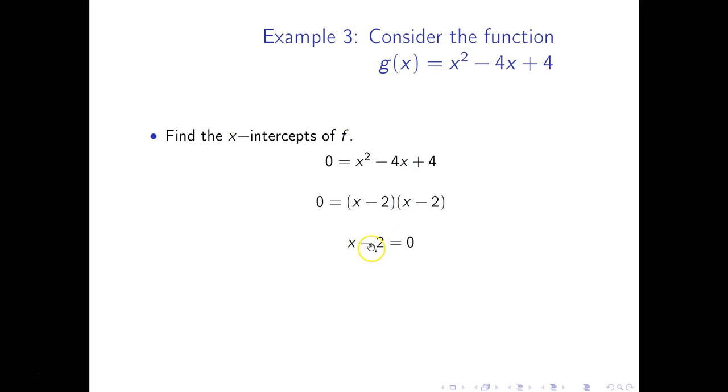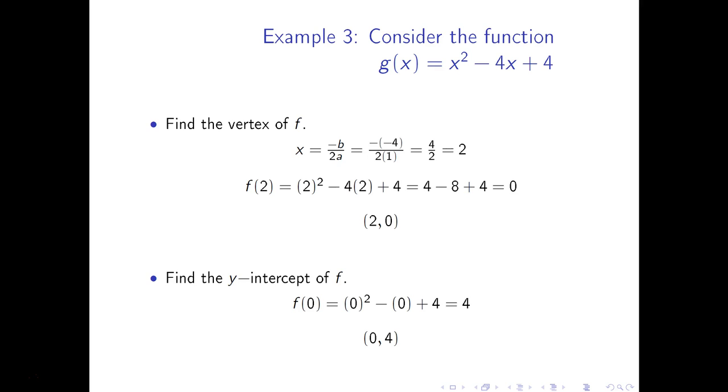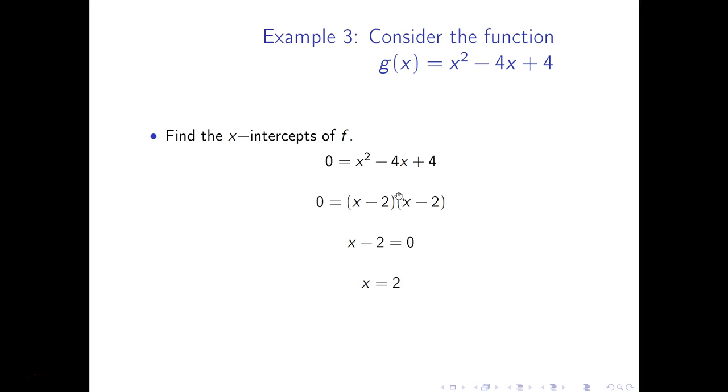These are the same, so I just have x minus 2 is equal to 0, so I only, wait a second, isn't that a point I already had just a minute ago? Notice I already had the point right here because x is equal to 0. So my vertex was already going to be the x-intercept.